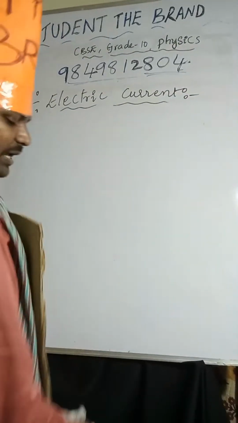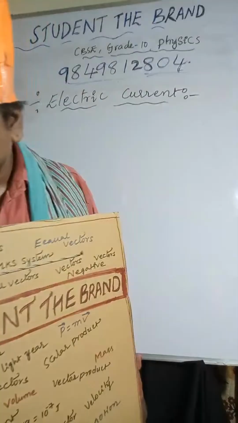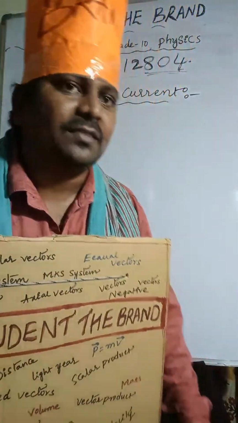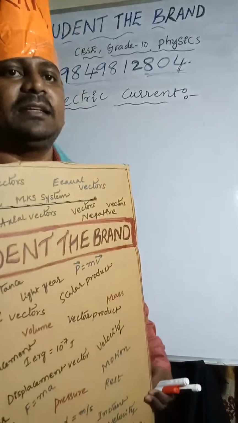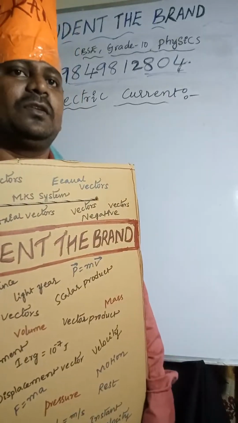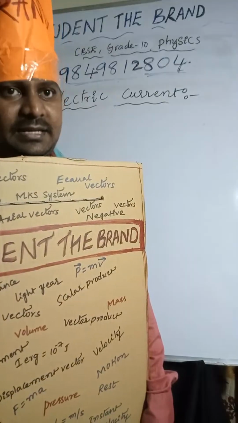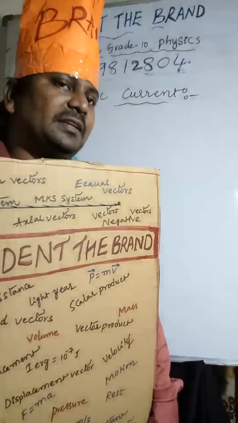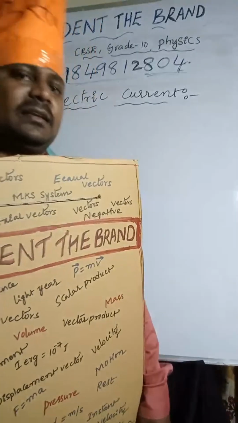So what is an electric circuit? A continuous and closed path of an electric current is known as an electric circuit.